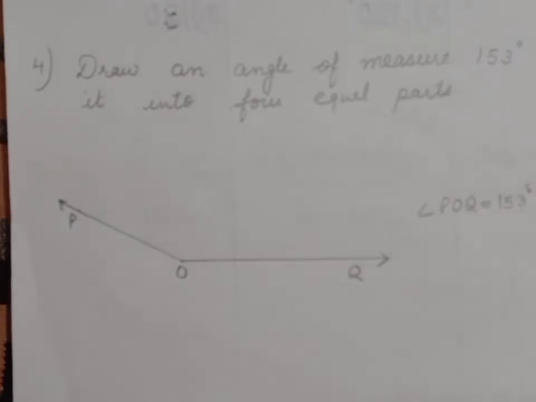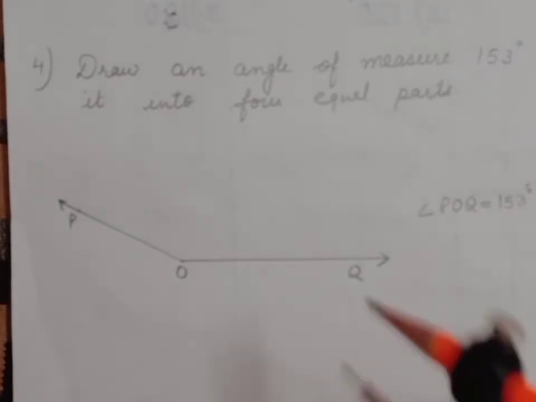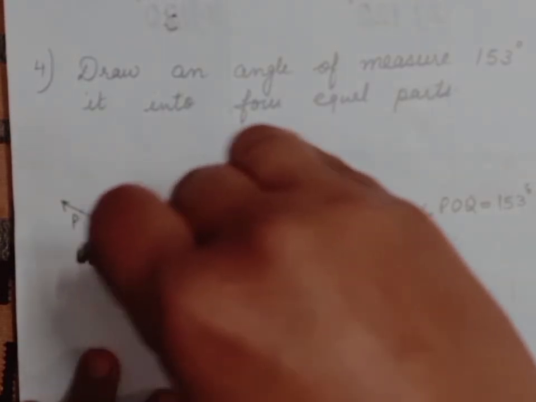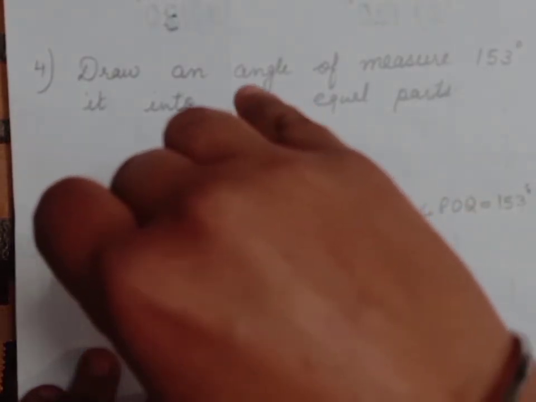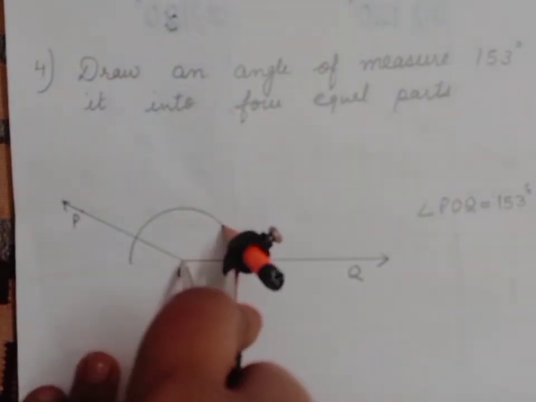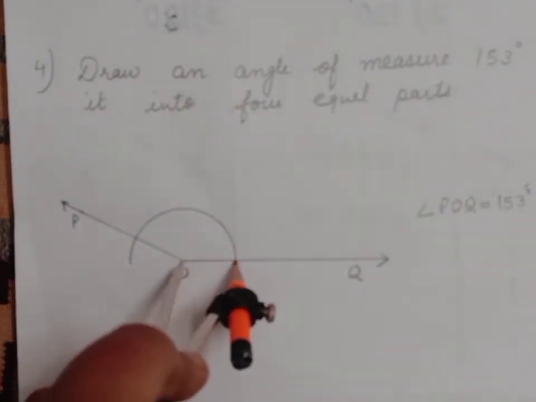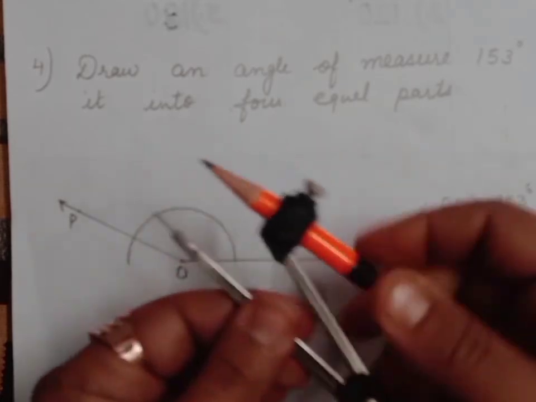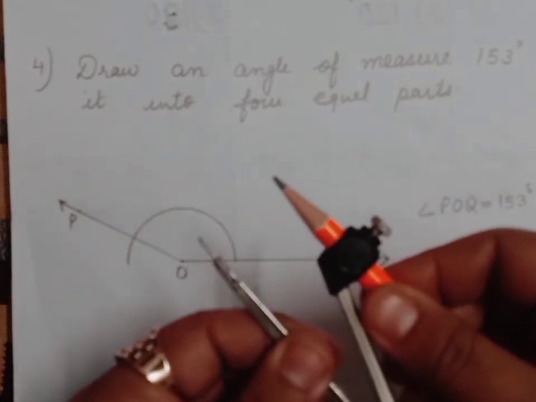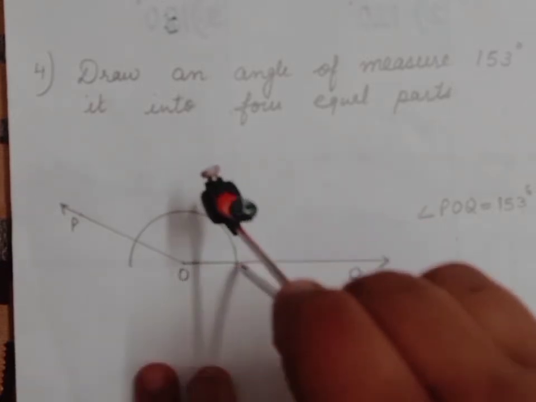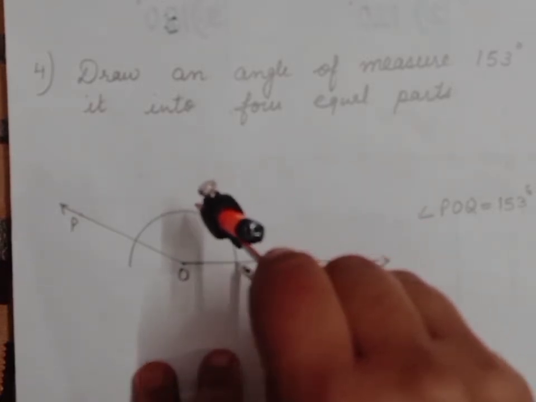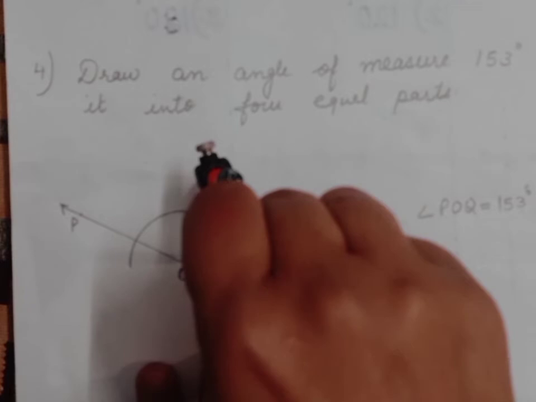Now first of all, to find its angle bisector, what you will do, open a small length of this compass and draw a semicircle. Now I will little bit increase the length of the opening of the arms, little bit more.